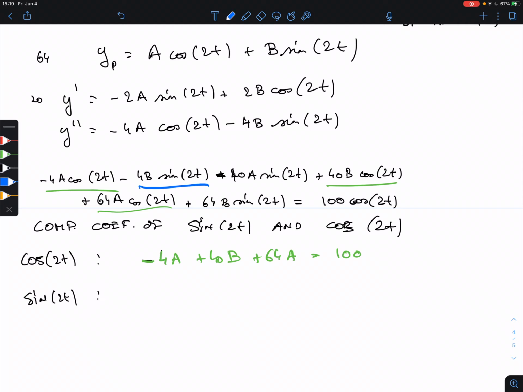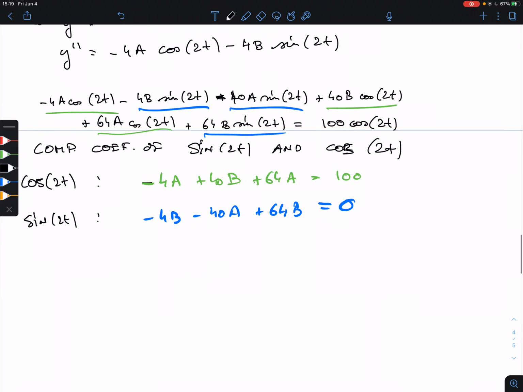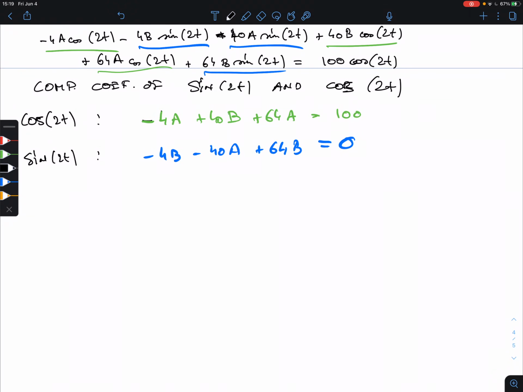So the sine, we have minus 4b minus 40a plus 64b, and that is equal to 0. Somehow this is a bit more difficult. In the previous case, there was always one equation you could calculate right away, but here we do have a system of equations. So let's look at the bottom one. That is 60b minus 40a is equal to 0, right? And the top one is 60a plus 40b. Sorry.